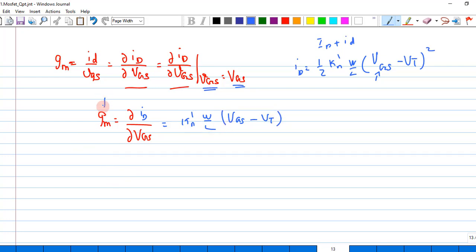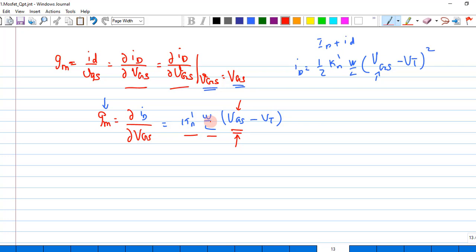Now, you see, I have derived the small signal parameter GM. We know it's a small signal parameter. But when I look at the term used to evaluate that parameter, is this a composite? No. Is this value of VGS a small signal? No. But what is this VGS then?